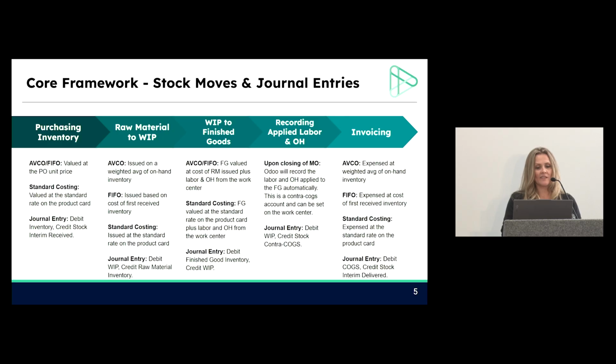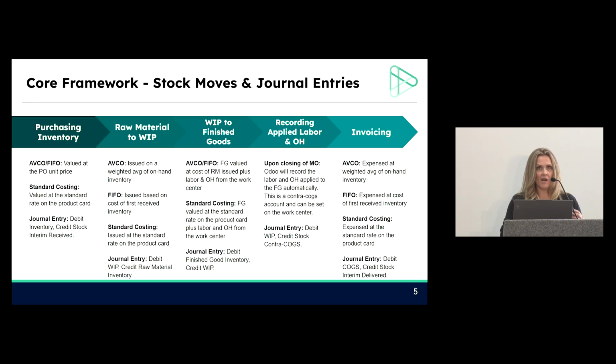So on this slide, it's just kind of how the inventory moves through at each step. When we purchase inventory, that receipt is going to trigger a debit to our inventory and a credit to the stock interim received account. That's accruing that purchase or accruing that vendor bill. Once you create the vendor bill, it clears out that accrued purchases account.